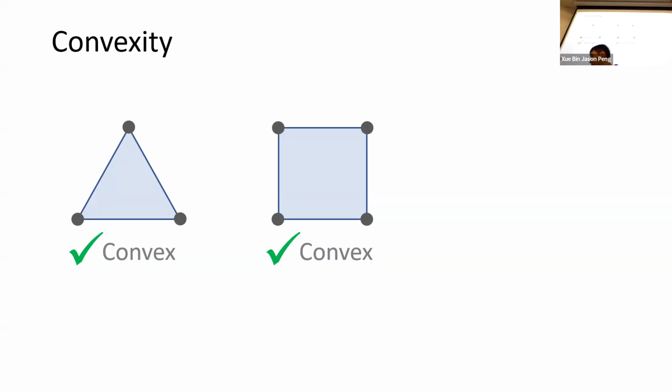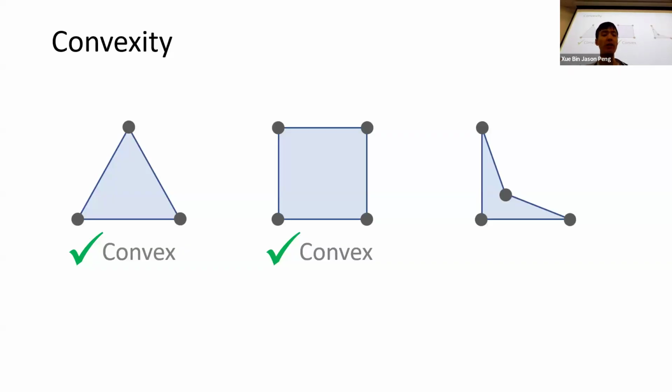But cubes are a special example for quadrilateral. And it turns out it's possible to construct a quadrilateral that is not convex. For example, I can take this cube, pick one of the vertices, and move it towards the interior of the cube. And if I move this vertex far enough, at some point, the quadrilateral is no longer convex.